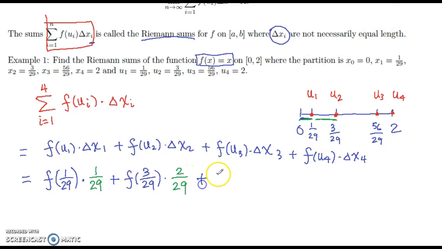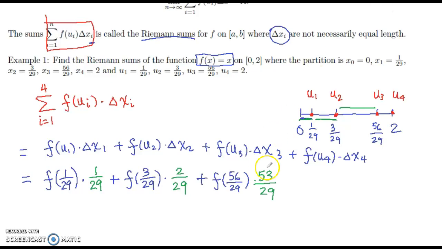Plus f of u sub 3, which is 56 over 29. But how wide is the third interval, delta x3, from here to there? It's 56 minus 3, so 53 over 29.